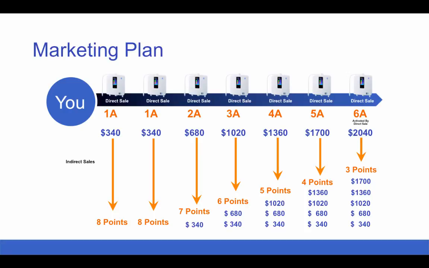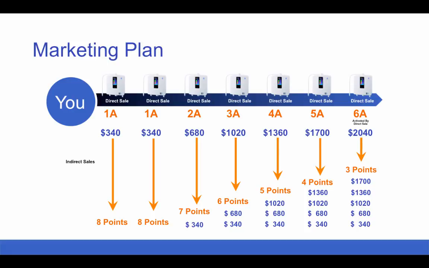Anyhow, to get to 5A, you need a total of 50 group sales. And on your 51st, that's your direct, you open up your 5A lane and you make on the sale of a Kangen 8 $1,700. Ladies and gentlemen, that's what we used to make as 6As when we used to sell the SD501 machine, the $4,000 machine.